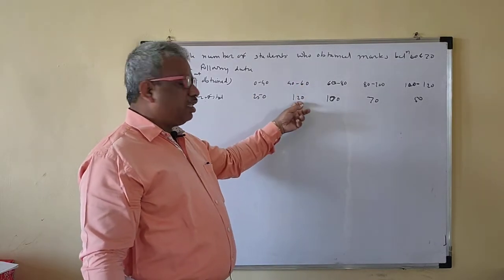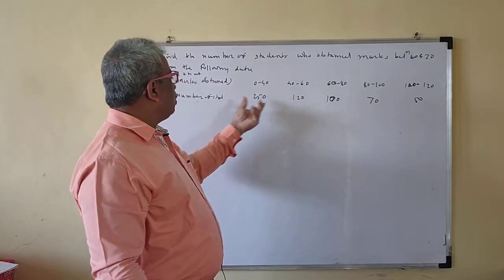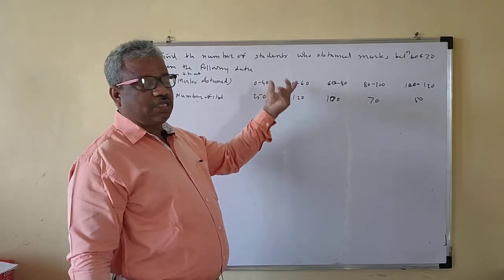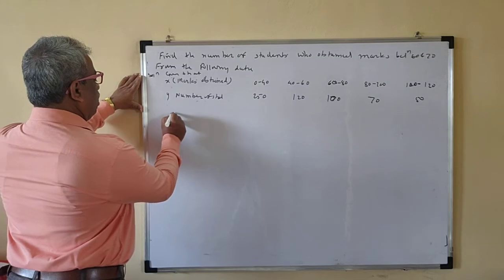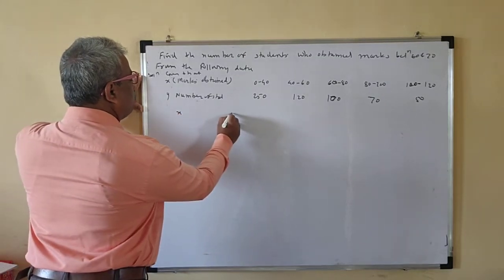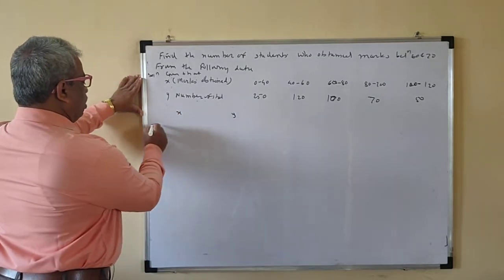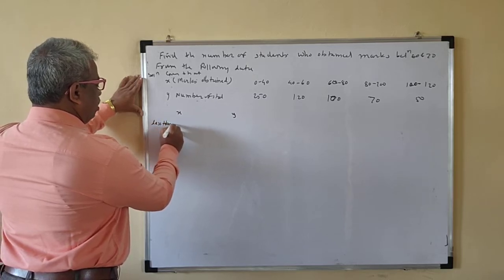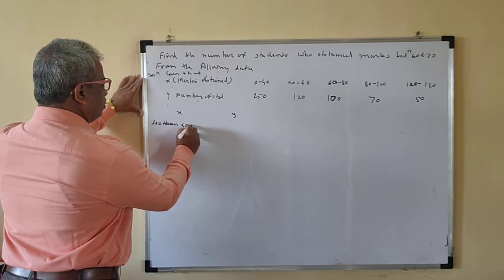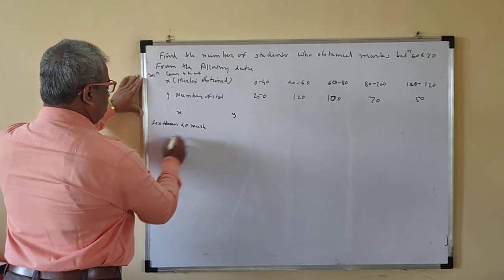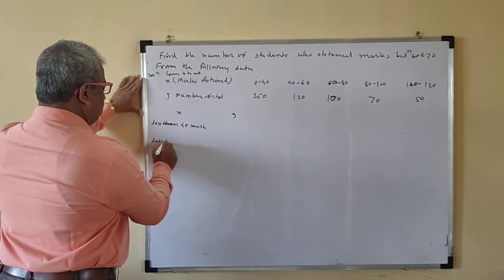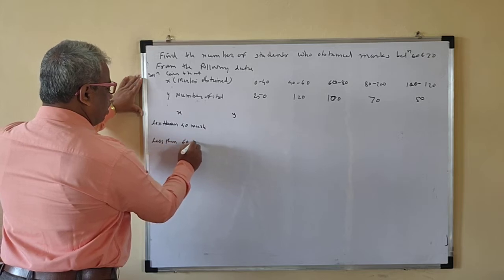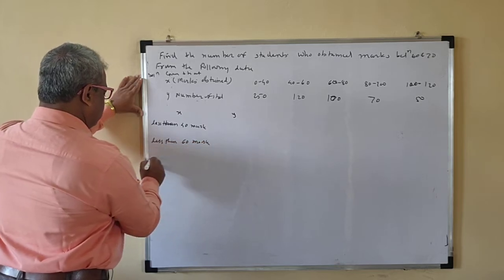If you add this one, how many students are there who got below 60 marks? So what we do? This is your X, and this will be your y. Less than 40 marks, I will write here. Less than 60 marks, I will write this.